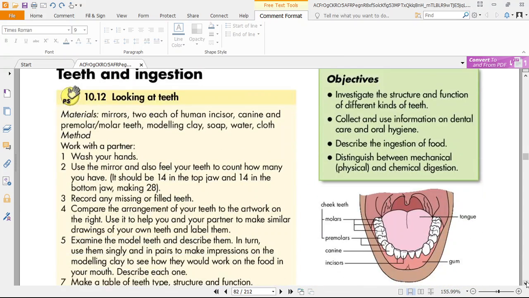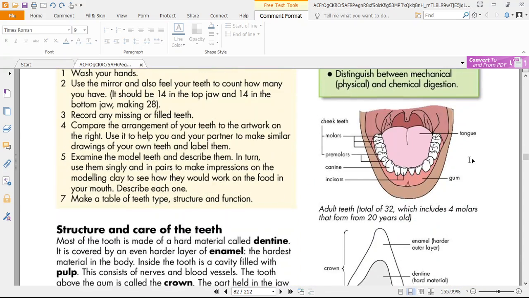Now, we went through and I spoke about the teeth, right? And we talked about the molars, the premolars, the canine, the vampire as we say it out here in Jamaica, the vampire teeth, and the incisors.